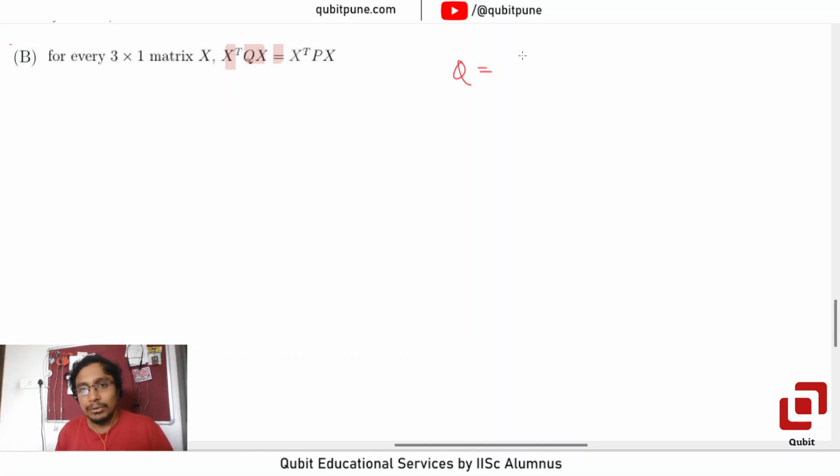Remember, Q is half P plus P transpose. Okay, so how to prove this?